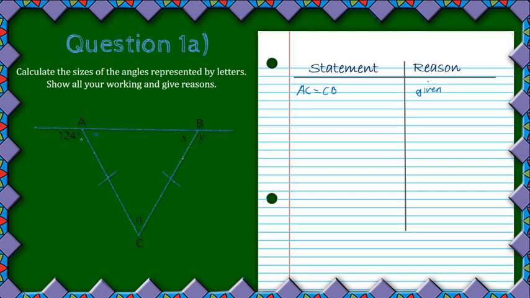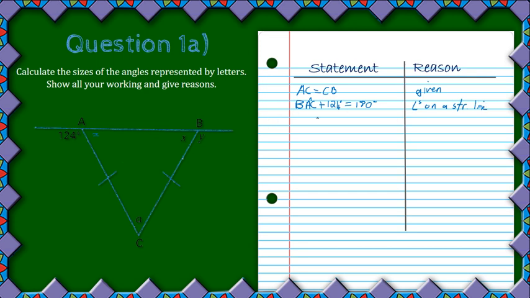Then, to find this angle over here, I see that these two angles are angles on a straight line, so I'm going to say that angle BAC plus 124 degrees is equal to 180 degrees, and our reason is angles on a straight line.